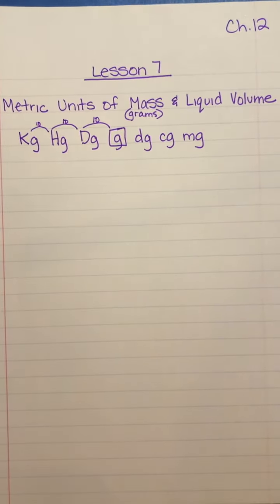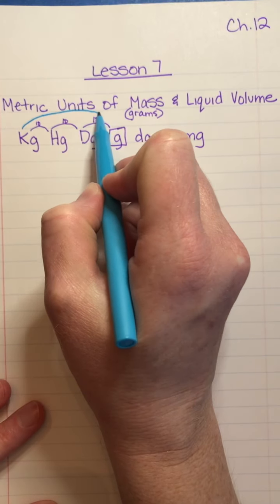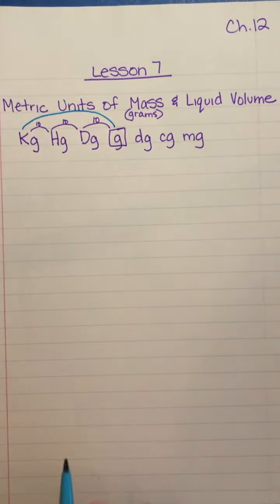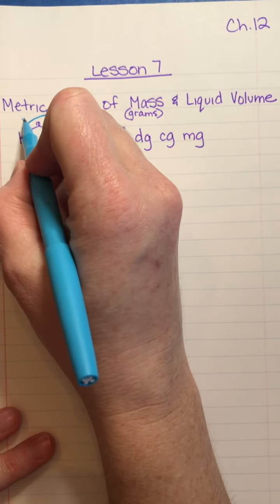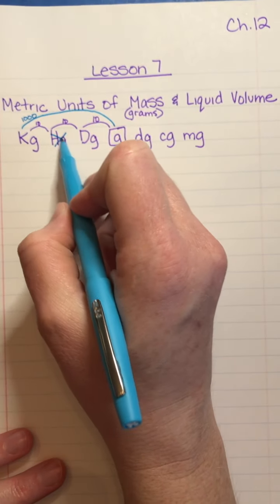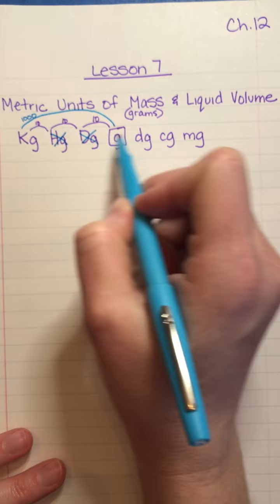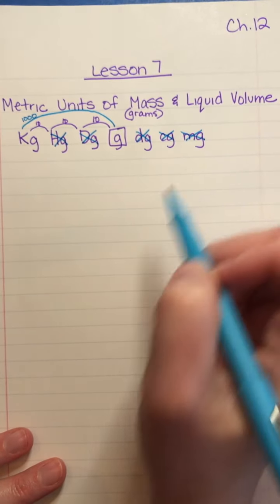And today, the only focus you're going to have is looking at the big leap. If I go from kilograms to grams, that we said was a change of 1,000. So for mass, there is only one fact I need you to know for this chapter, because we are not using hectogram, we are not using decagram, and we are not using any of these smaller units of measure either.